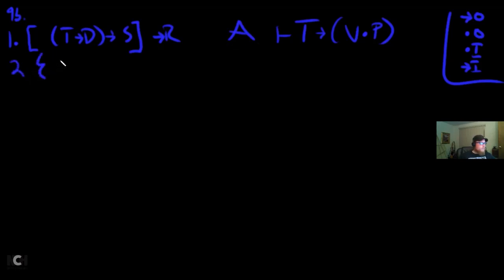In braces, T arrow D, arrow S, arrow R, close braces, arrow, parentheses, V and P. Those are our 2 assumptions.